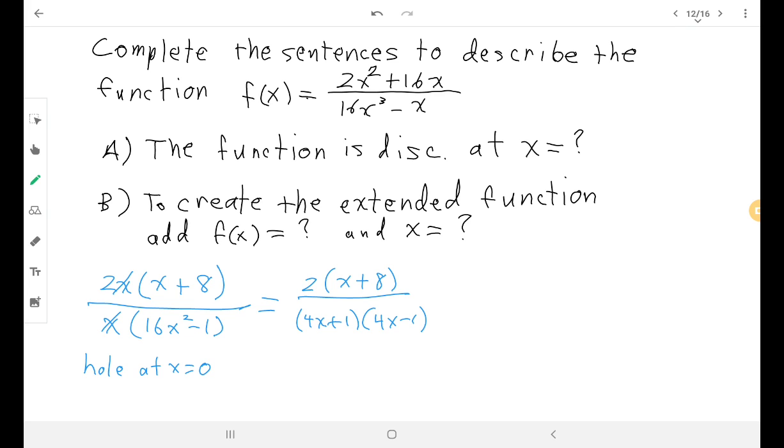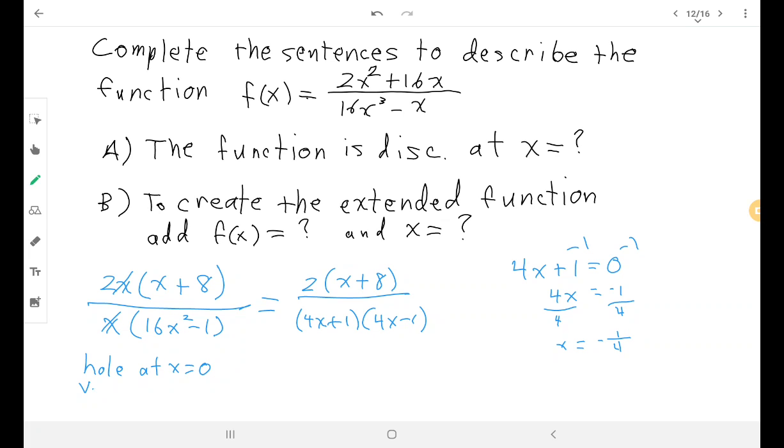And those would give me 2 vertical asymptotes, right? So if I think about 4x plus 1 equaling 0, I would subtract 1 on both sides and have 4x equals negative 1, divide by 4 on both sides, and have x equals negative 1/4.